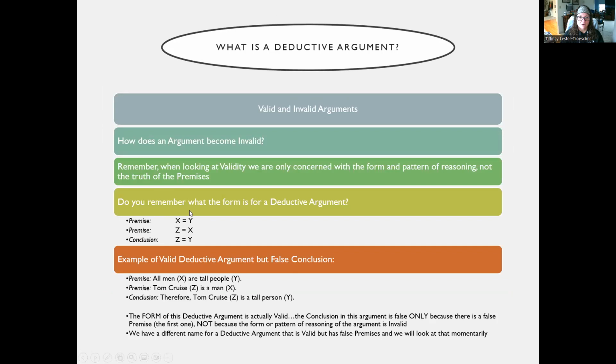We've got our pattern for a deductive argument: X equals Y, then Z equals X, Z equals Y. We can see how we have a valid argument, even though we know the conclusion is wrong. So again, validity is just the form and the pattern of reasoning. This argument is valid because it follows the correct pattern.